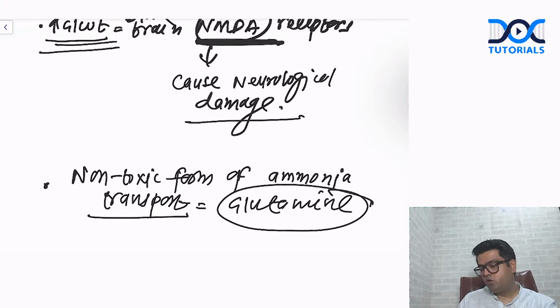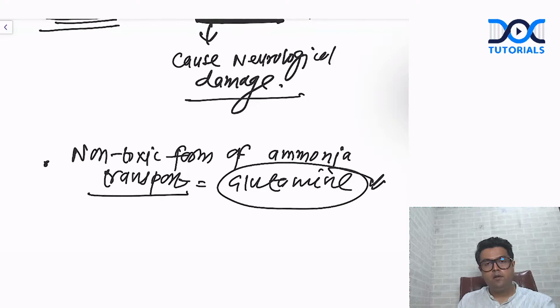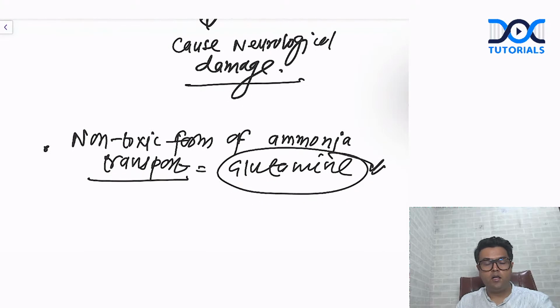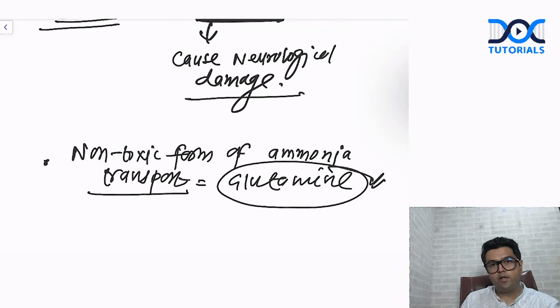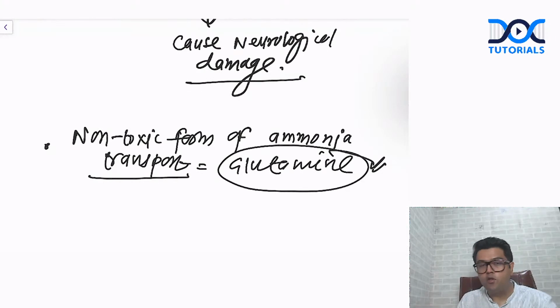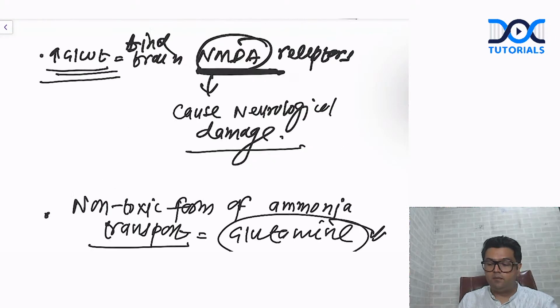Glutamine is so common in our blood, because we keep on converting the excess, unnecessary ammonia to glutamine, and this glutamine will go back to the liver for urea finally. One of the very common amino acids in our blood is glutamine, because it is a carrier of ammonia. So the non-toxic form of ammonia transport, the storehouse of ammonia, is glutamine, right?